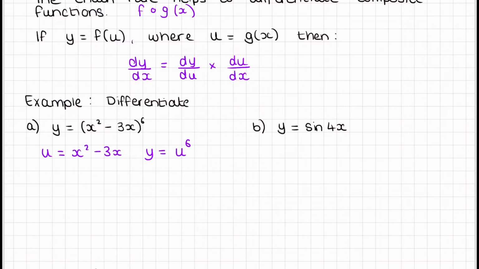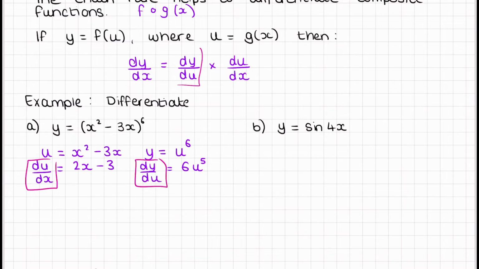Next step, find the derivative of each of these. This one would be du over dx, which would equal 3x squared minus 3, and then dy over du will equal 6u to the power of 5. You'll see here now we have du over dx and dy over du, which are the two parts of the equation that we started with.